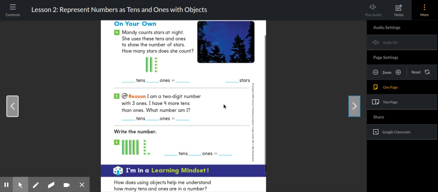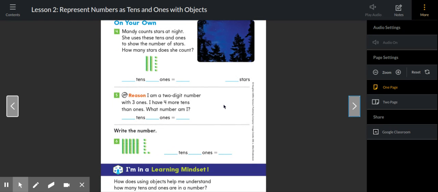Mandy counts stars at night. She uses these tens and ones to show the number of stars. How many stars does she count? So if we look, I'm going to change my color for fun here. If we look, she has 2 tens. She has 5 ones. And if we count them, I think you know it's going to be a 2 with a 5, right?